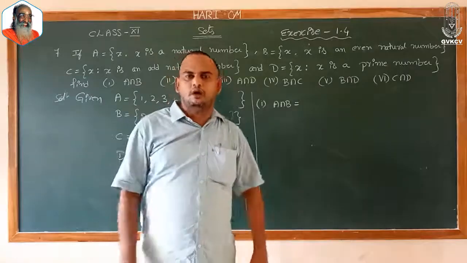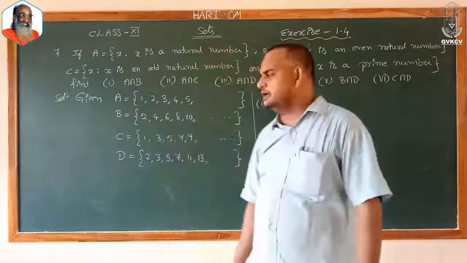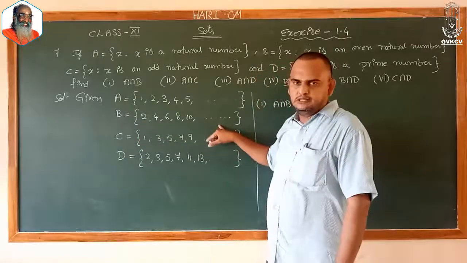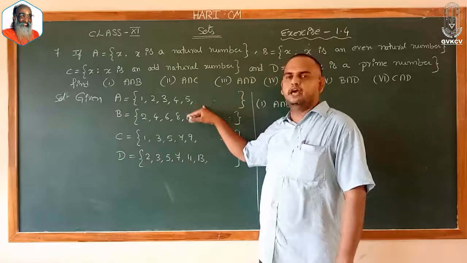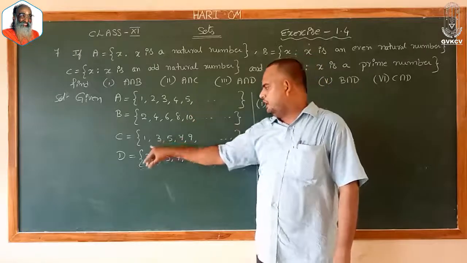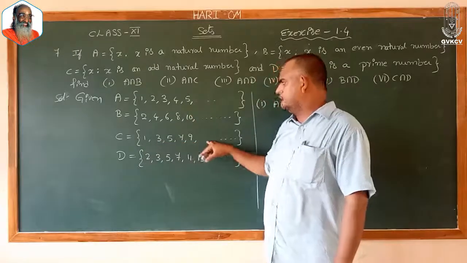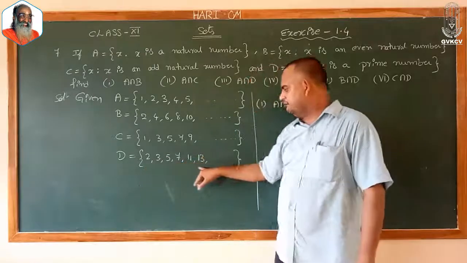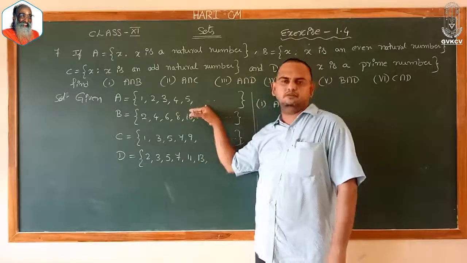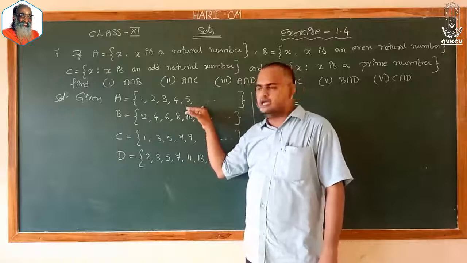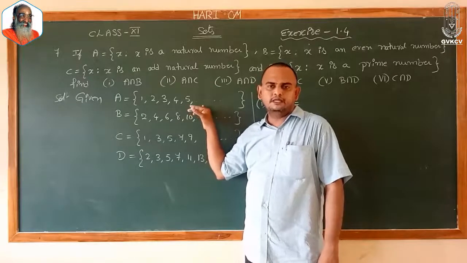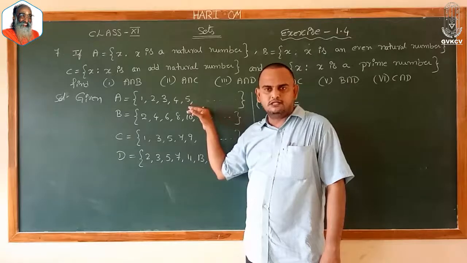Even numbers only. And moreover, if you observe here, all these even numbers are part of natural numbers, all these odd numbers are also part of natural numbers, and all these prime numbers are also part of natural numbers. Means here A is nothing but the universal set.